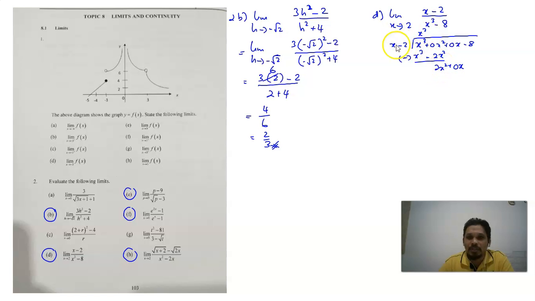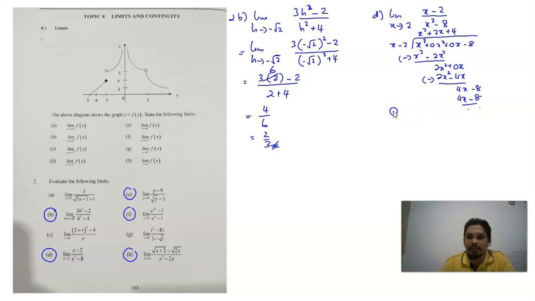Then 2x squared divided by x gives plus 2x; 2x times x is 2x squared, and 2x times negative 2 is minus 4x. Then 0 minus negative is positive, so 0 plus 4, 4x minus 8. And then 4x minus 8, 4x divided by x gives plus 4; 4x, and 4 times negative 2 is negative 8.